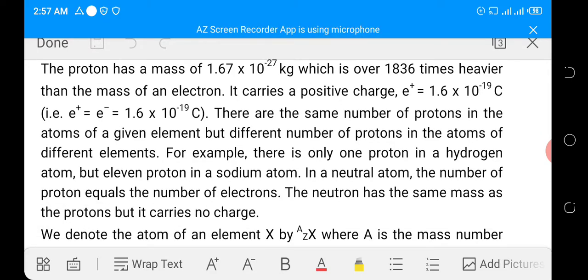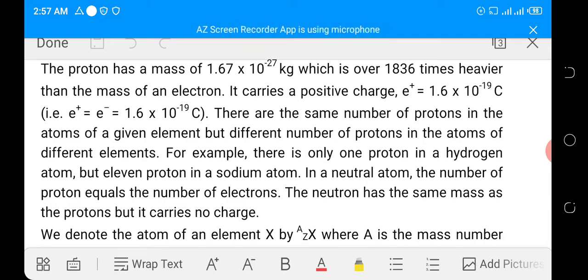There are the same number of protons in the atoms of a given element, but different numbers of protons in the atoms of different elements. For example, there is only 1 proton in a hydrogen atom, but 11 protons in a sodium atom.